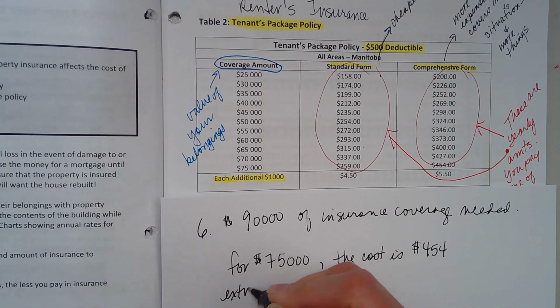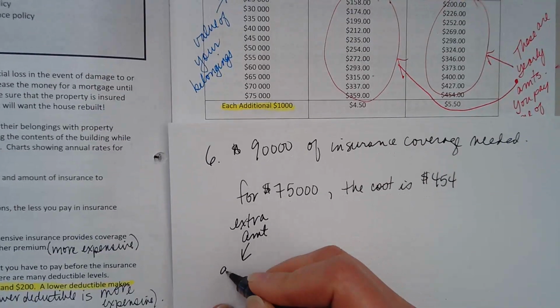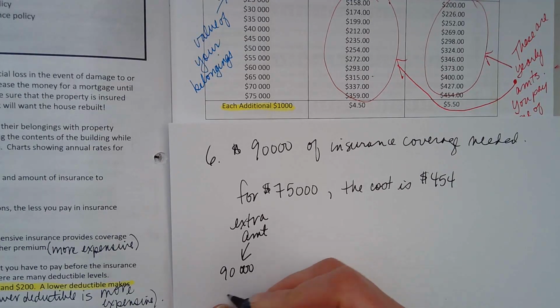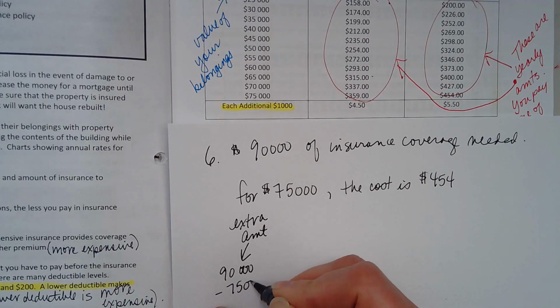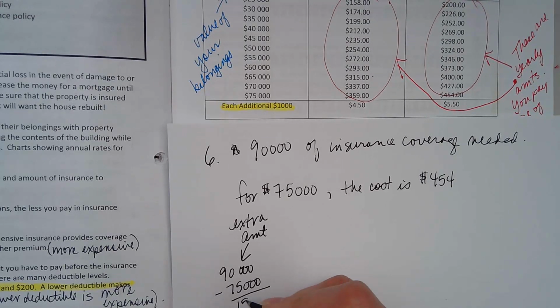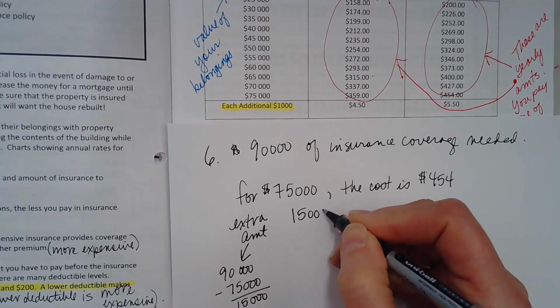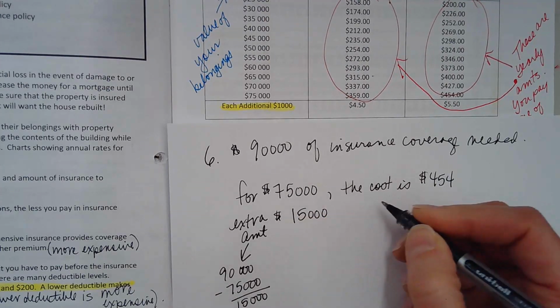For the extra amount, well, that's the leftover, right? So the extra amount will be 90,000, take away the 75. I've already paid for the 75, or I've got the 75 accounted for. So that's going to give me 15,000 extra. Okay, so 15,000 is the extra amount.